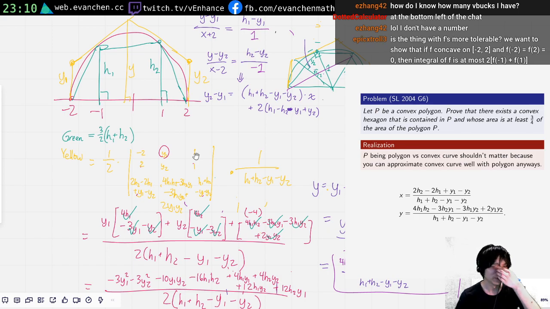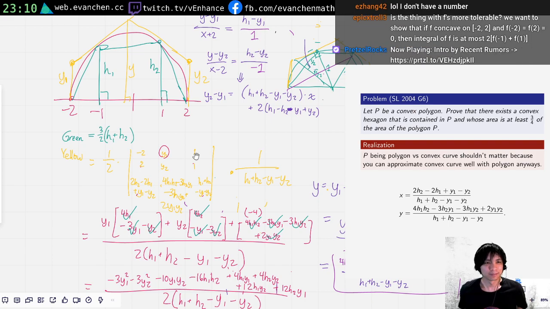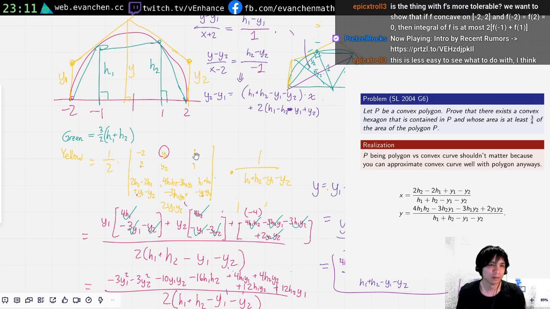Is the thing with f's more tolerable if we want to show that f is concave and then the integral of f is at most 2f minus 1? Well, I mean, that claim is... Oh, actually, that might make a lot of sense.